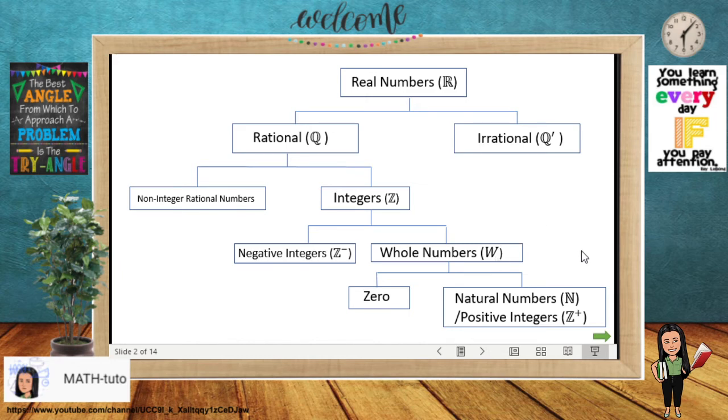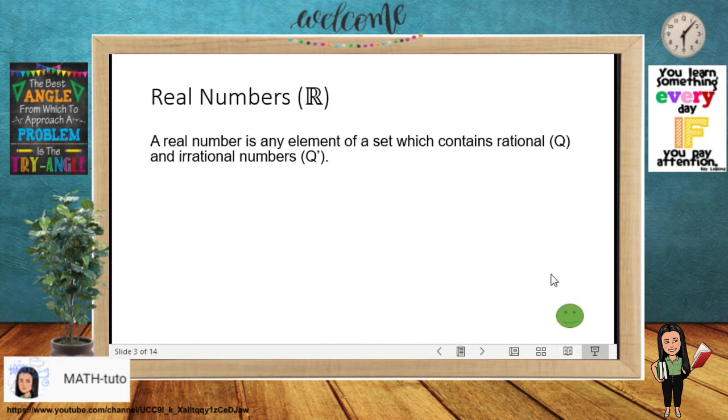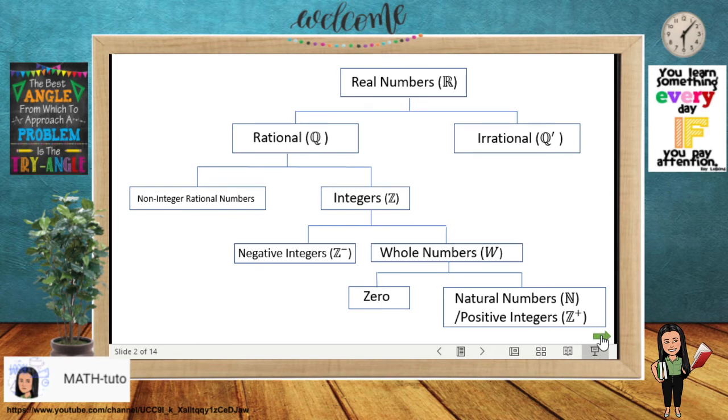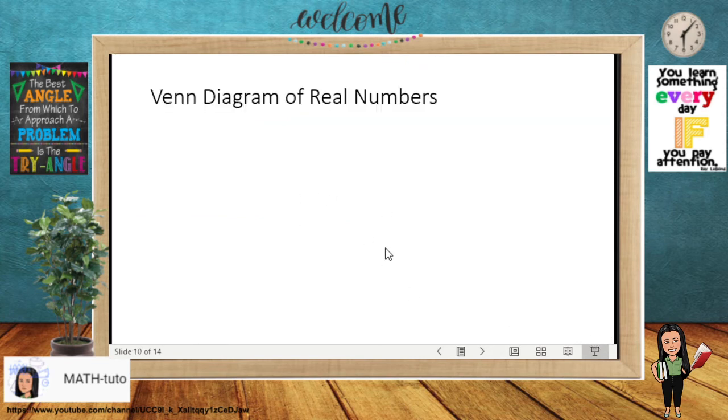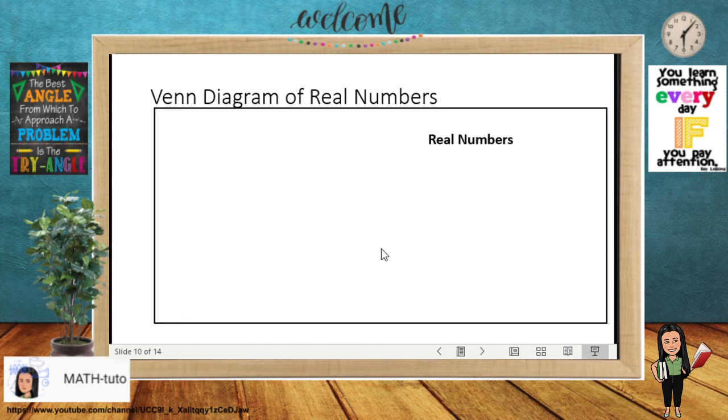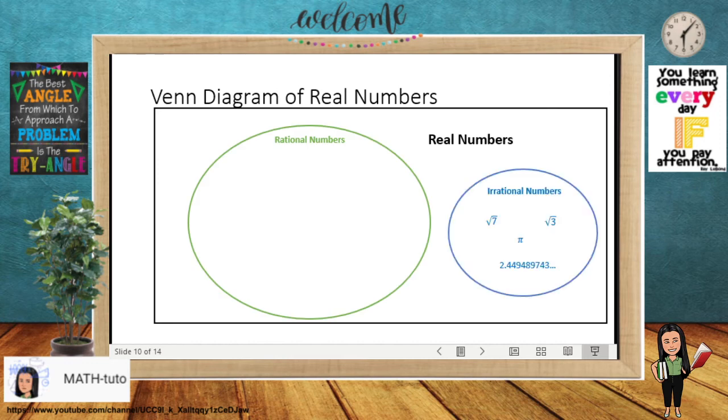Now, how are we going to write the set of real numbers using a Venn diagram? And how will the Venn diagram of real numbers look like? So, our universal set will be the set of all real numbers. And since we have two sets under that, we have rational numbers and we also have irrational numbers.